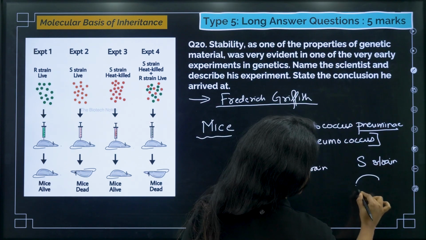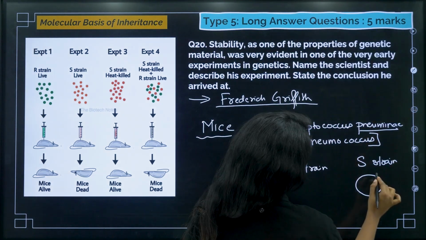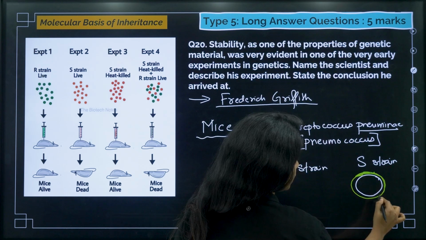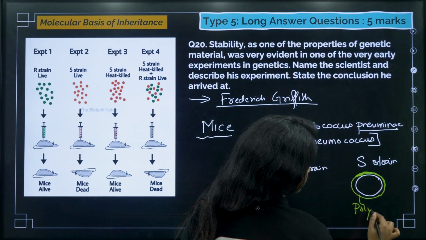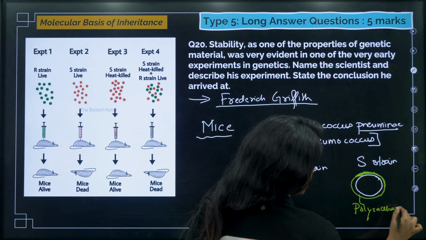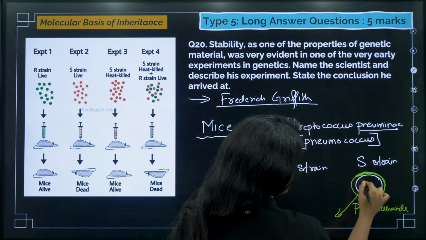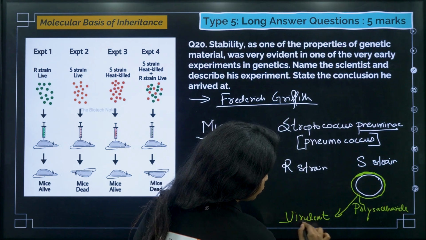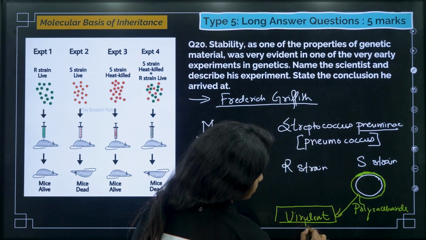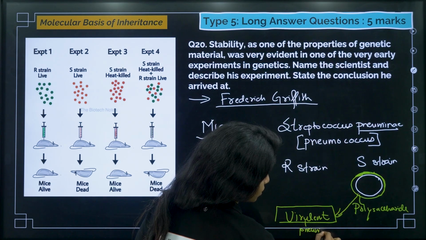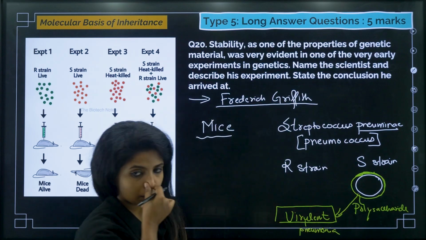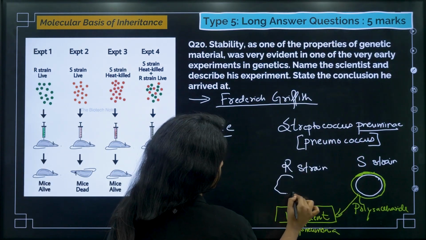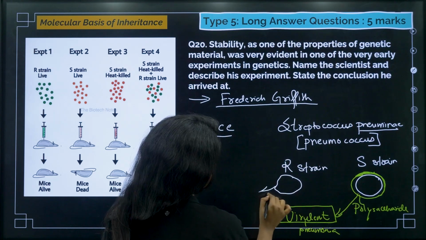The S strain had a smooth coating around it, made up of polysaccharides. This coating made this strain of bacteria virulent, as in it was able to cause the disease, that is pneumonia. Whereas the R strain has a very rough surface, didn't have that extra layer. It was non-virulent.